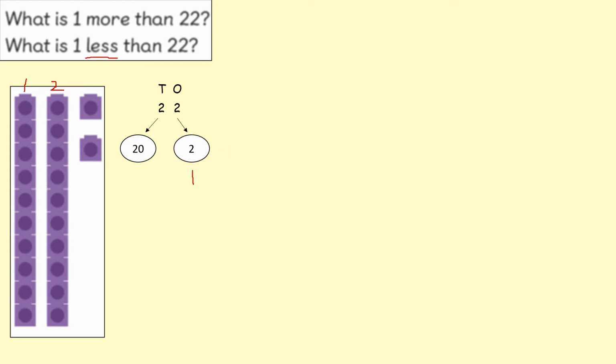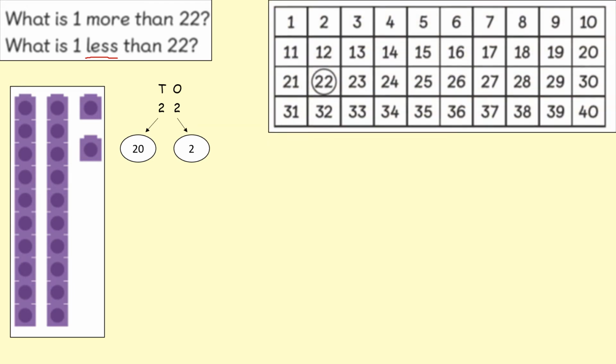Okay, let's rub that out. Okay, and then you get this up. So now I would like you to have a go at doing this on a 100 square if you have a 100 square. Okay, so have a look where the number 22 is. Here's the number 22. Okay, and we want to find out what is 1 more than 22. Now, when we add more, we go this way on the number square.